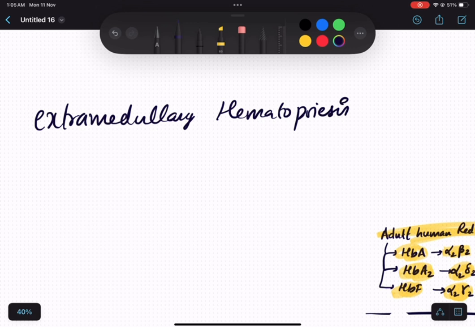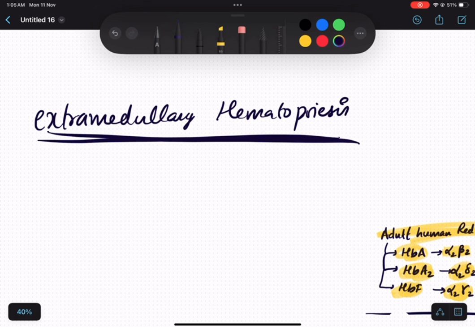hematopoiesis. What's meant by extramedullary hematopoiesis? Mostly hematopoiesis occurs in the bone marrow, right? What is hematopoiesis? Production of the red cells. It occurs mostly in the bone marrow. But when our bone marrow has any problem, such as an aplastic crisis or any problem in red cell production, ineffective erythropoiesis in the bone marrow due to some distortion or some tumors, this hematopoiesis shifts to other organs such as the liver, spleen, or bones too.